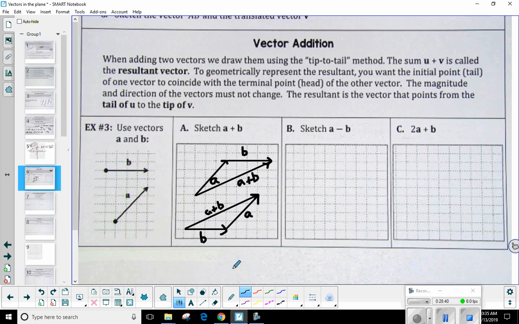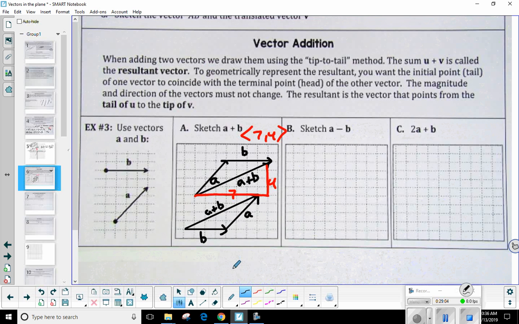Now, it doesn't matter how you put them together. Take a look at what happened. What would the component form of A plus B look like? How far horizontally did I have to move? 7. And then I had to go 4 up, right? So the component form would be 7, 4.